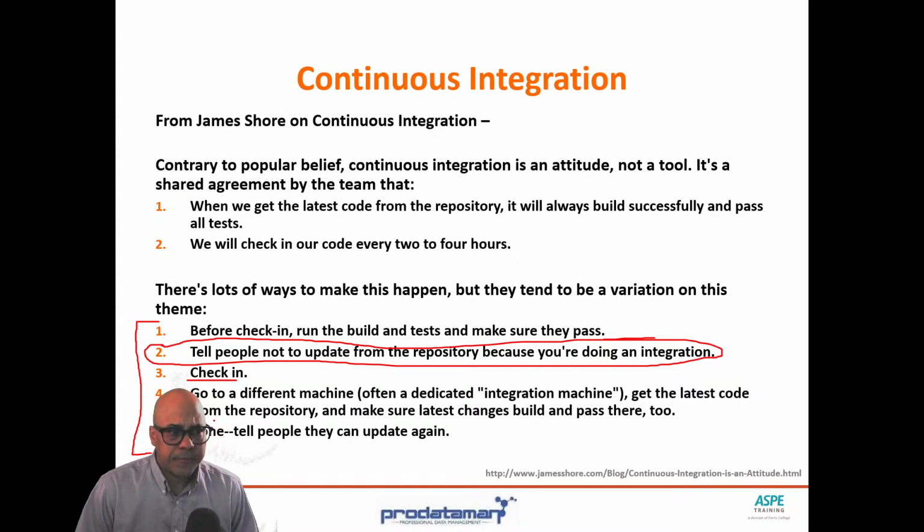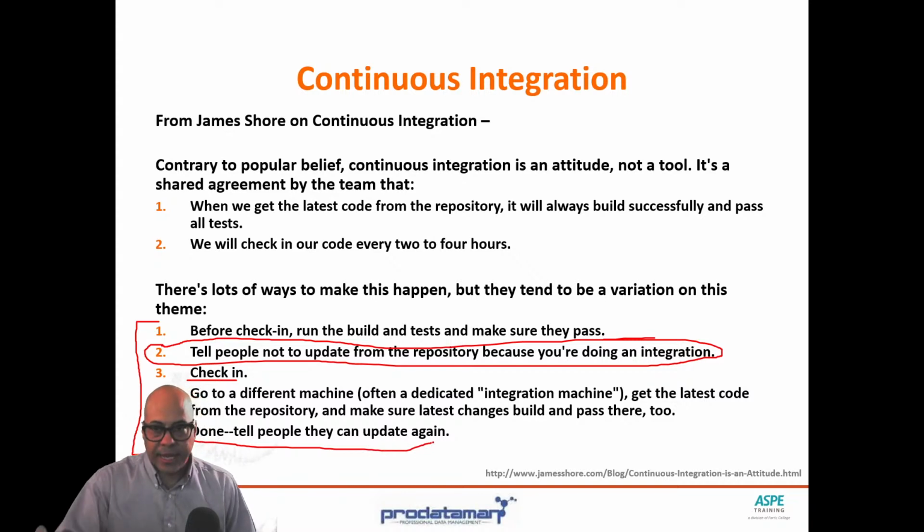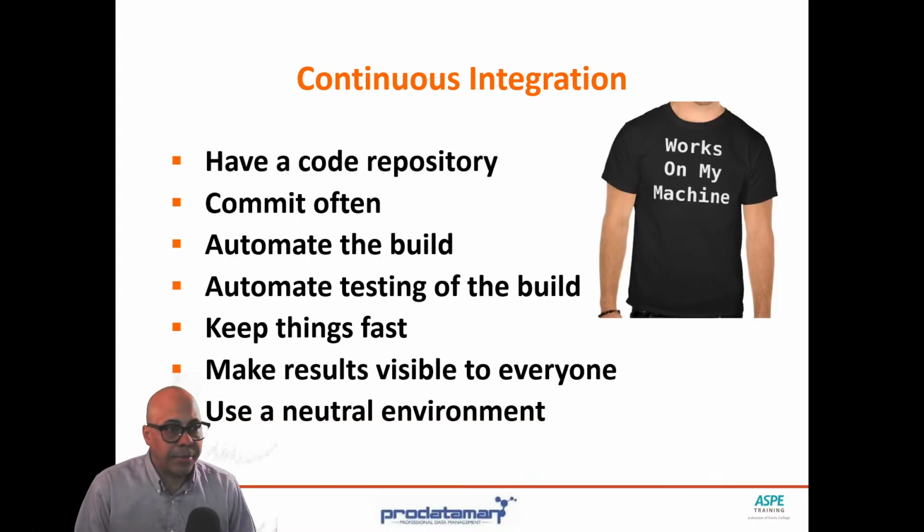So once we are done checking in and we get the results back as to what happened with our continuous integration build and test run, then we can continue on. Again, in Azure DevOps, we don't have to tell people they can update again because that's handled automatically by the system. And we don't have to go to a different machine to see if the latest code works because it's going to run on the integration server in Azure DevOps. So let's take a look at how that happens.